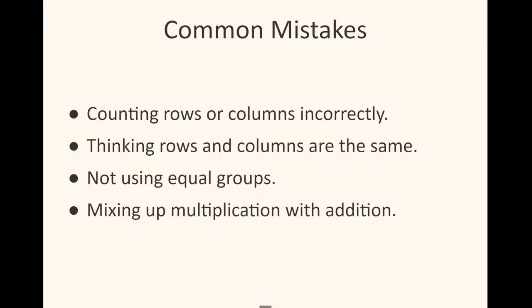Some common mistakes in multiplication include counting rows or columns incorrectly, mixing up rows and columns, using unequal groups, and confusing addition with multiplication. So you have to watch out if you want to avoid these mistakes.